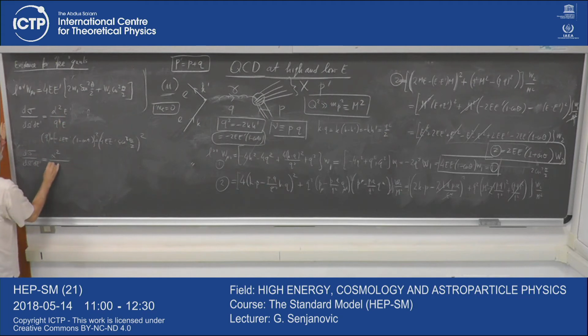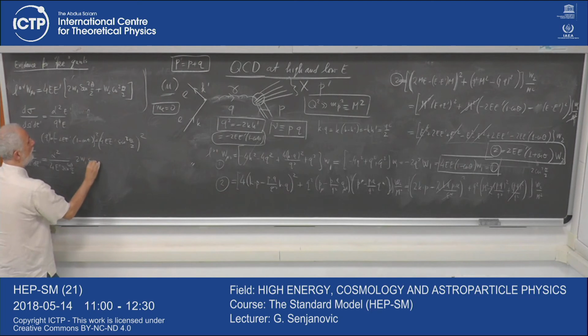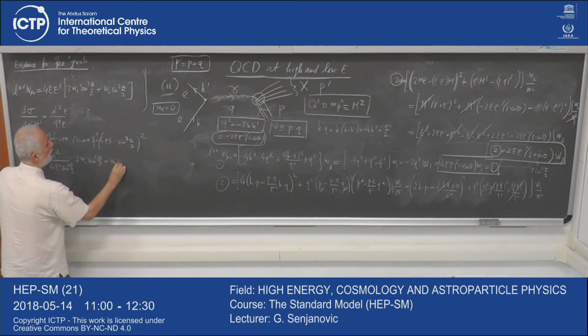But we have here 4, so we get 4 E square sine to the fourth theta over 2. Here there is 16. And then there is 2 W1 sine squared theta over 2 plus W2 cosine squared theta over 2.